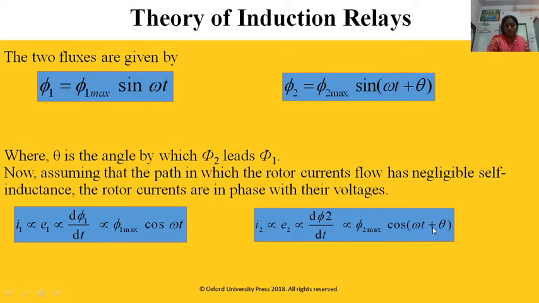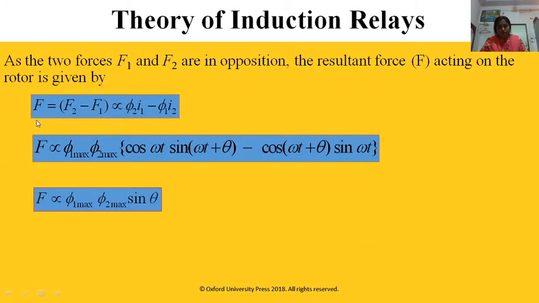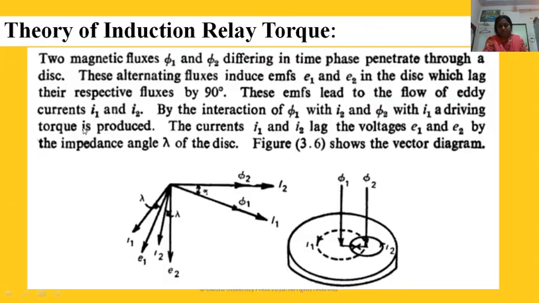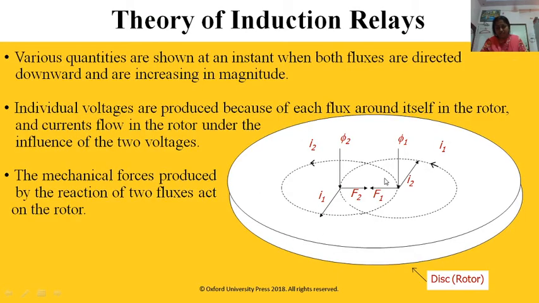Now force or electromagnetic torque is produced in this induction relay due to interaction of one alternating flux with current induced in the rotor by another alternating flux. These two forces will cause the disc to rotate. This phi 1 will interact with this I2, while this phi 2 will interact with I1.